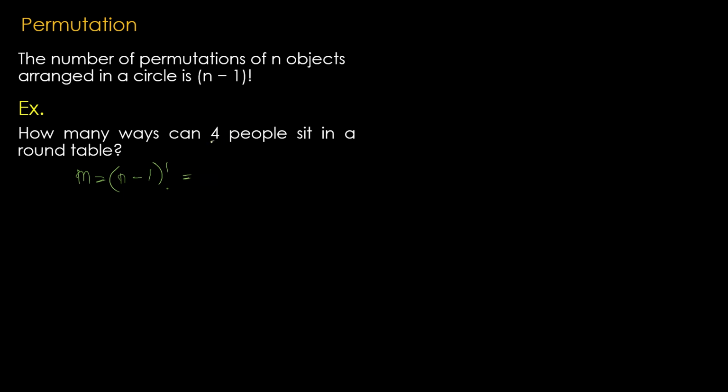If your n is 4, that would be 4 minus 1 factorial, 3 factorial. That is 3 times 2 times 1, that is 6 ways.